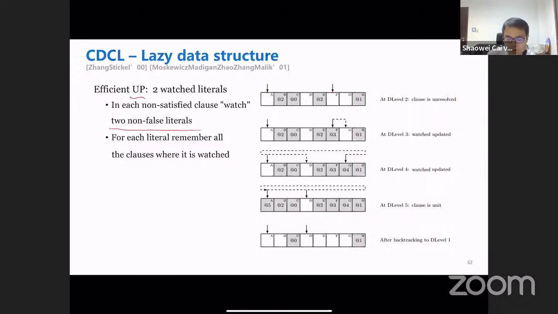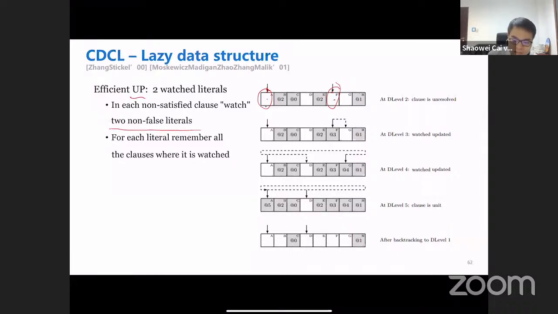The intuition is that if we pick two non-false literals, and if they are not touched, then we do not need to check this clause, right? Because it has at least two unassigned variables in the clause. So it must not be unit.